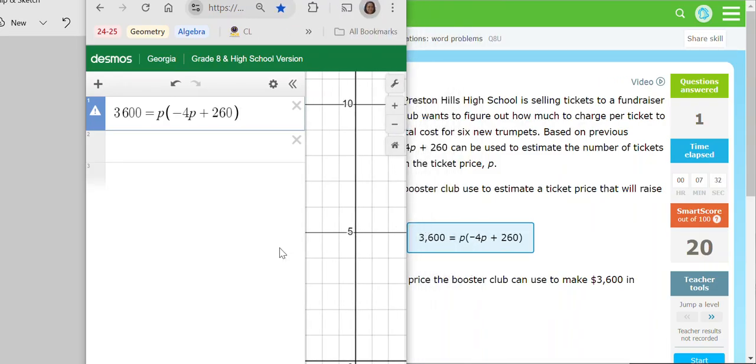Can we pay attention? No, actually what's wrong here is we only support implicit equations of x and y. It doesn't like the p. Are we clear?